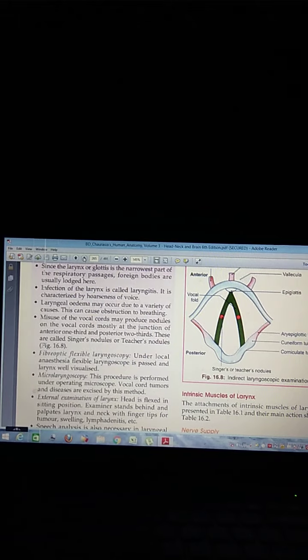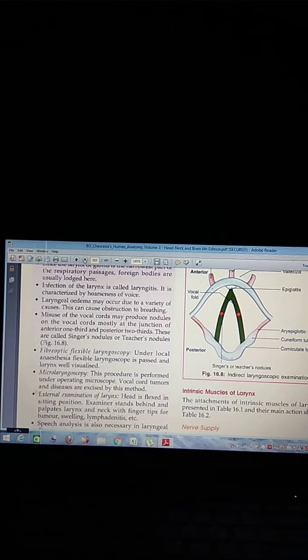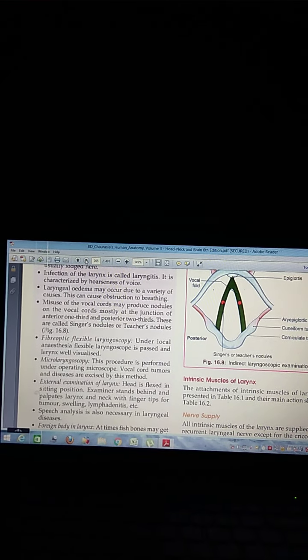This can obstruct breathing. Misuse of the vocal cords may produce nodules on the vocal cords, mostly at the junction of the anterior one third and the posterior two thirds. This is called singer's nodules or teacher's nodules.